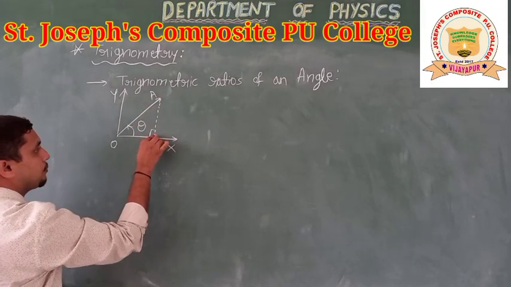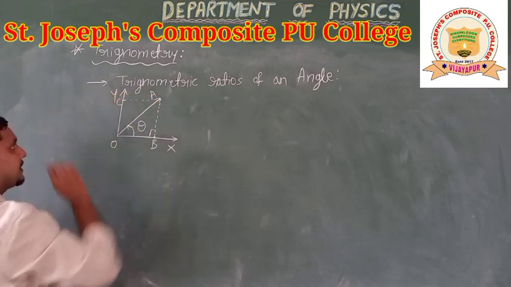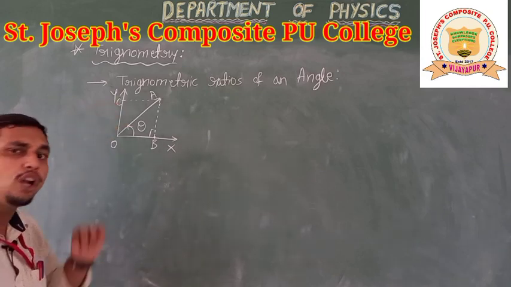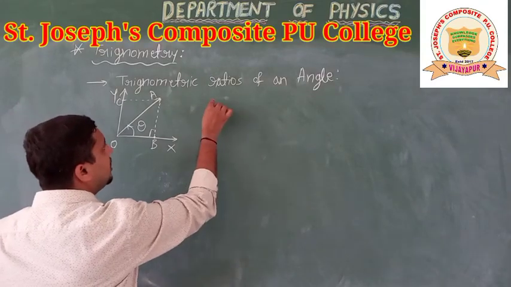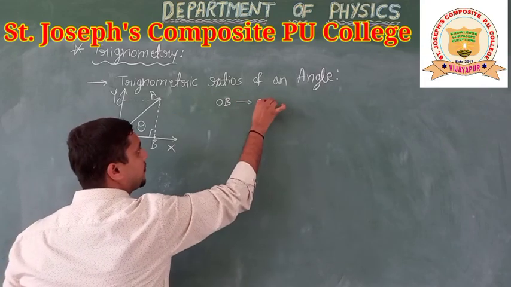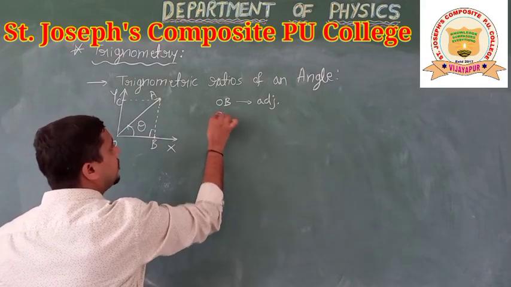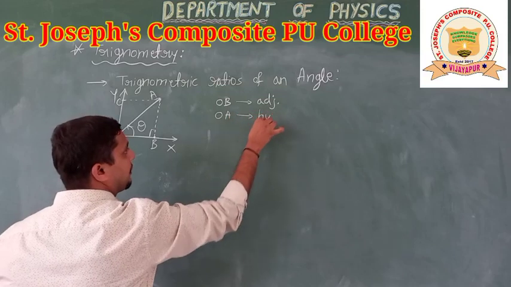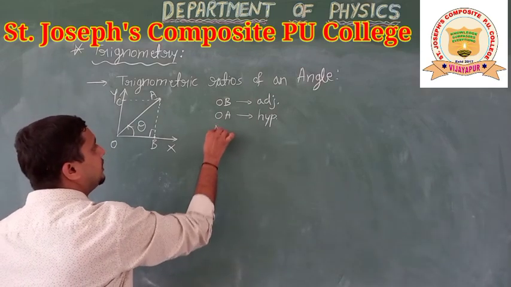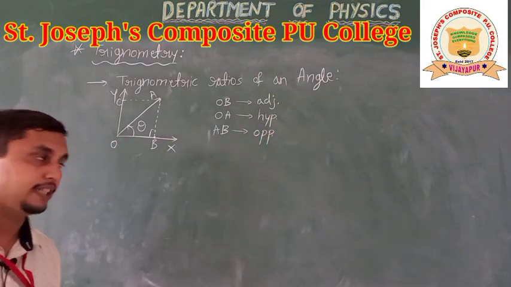For example, this point is taken as B and this point is taken as C. Just recall that OB represents the adjacent side, OA represents the hypotenuse, and AB represents the opposite side.